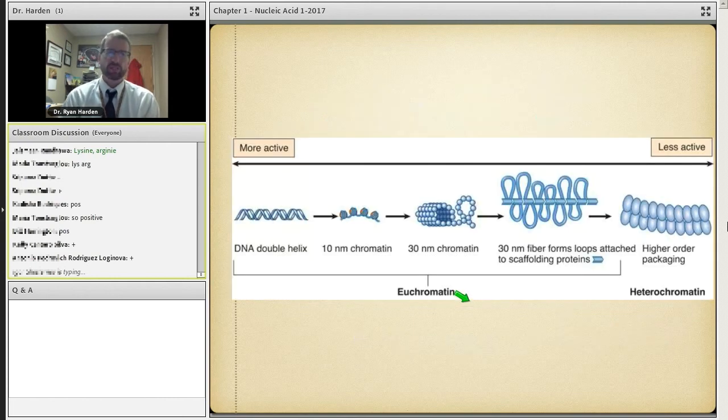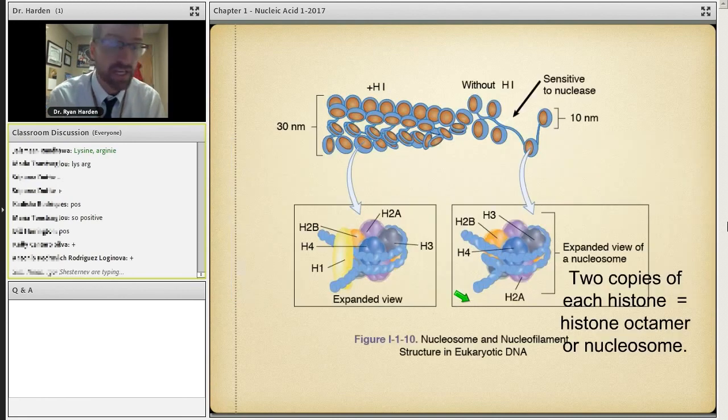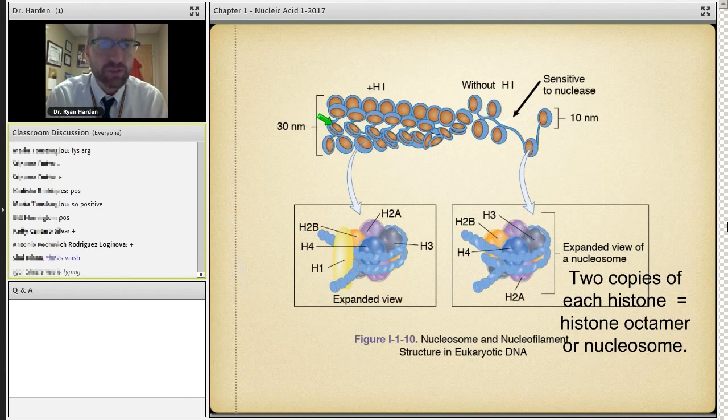Let me know if you have questions. In 3 dimensions, it gets a little more complicated than that, but I don't think they're going to ask you on the exam because I haven't seen that question. So stick with me. This is a nucleosome right here, and then this is chromatin. This is condensed nucleosomes.